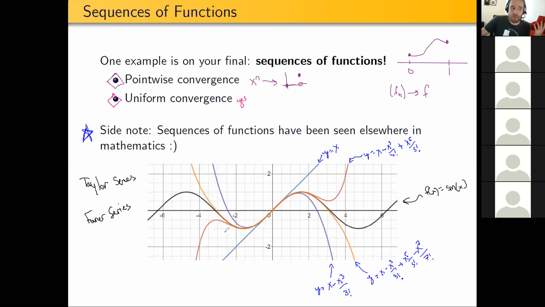So there are different ways that we can construct sequences of functions, right? In the case of these series, they're sequences of polynomial partial sums that converge to an underlying function.